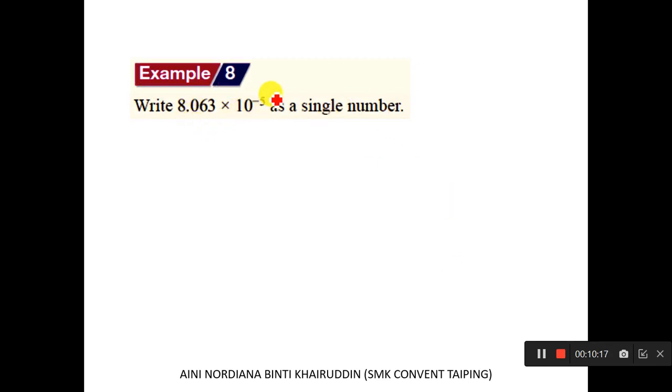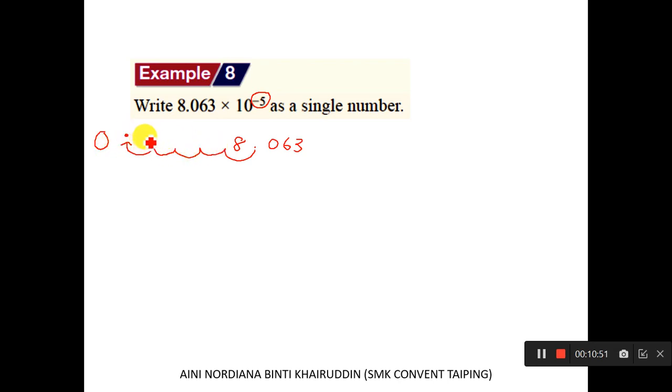Okay, this one. Have a look at this. This is a negative index. So 8.063, when negative index, you move the decimal point to the left 5 times. So 1, 2, 3, 4, 5. And you put the decimal point here and add 0 in front of the decimal point.